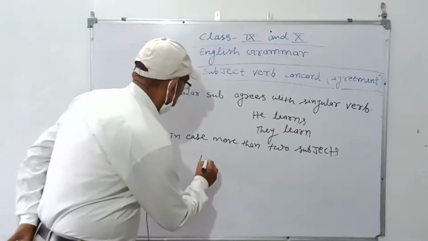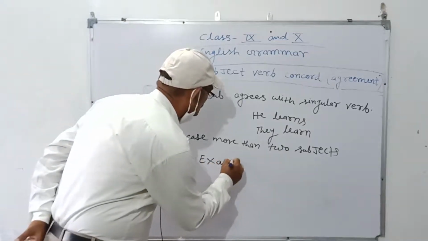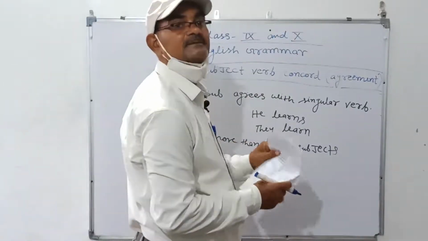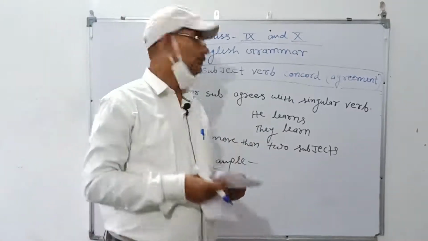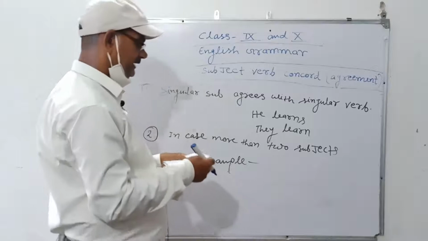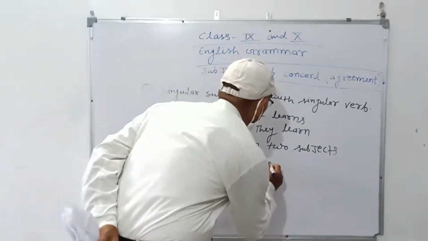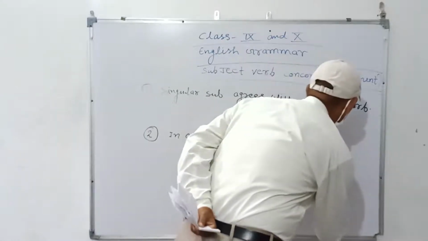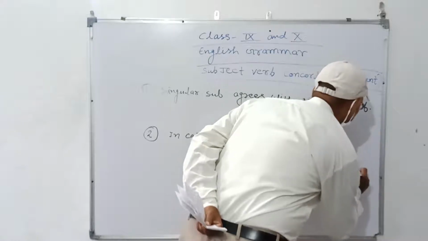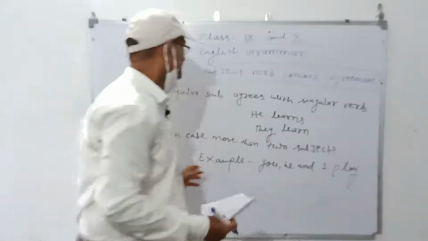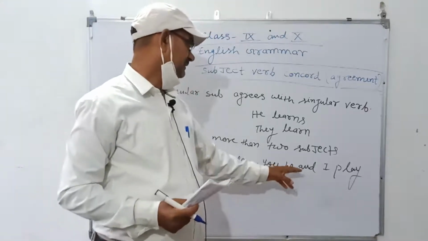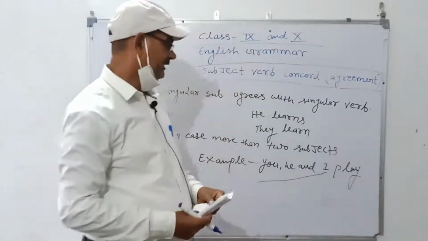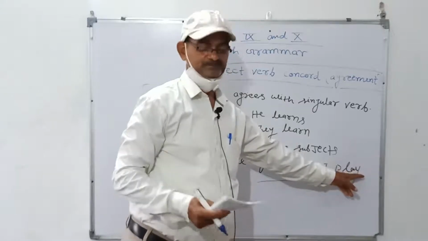Example: you, he and I play. In this example, the subjects are you, he and I. Three subjects are here, so we use a plural verb.